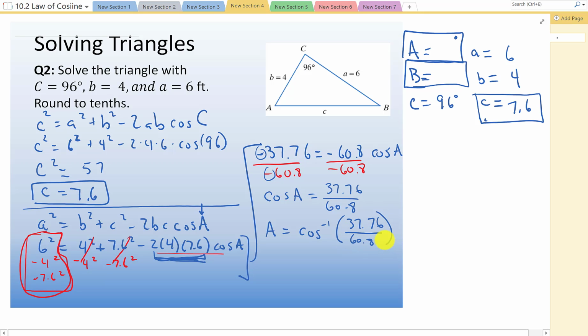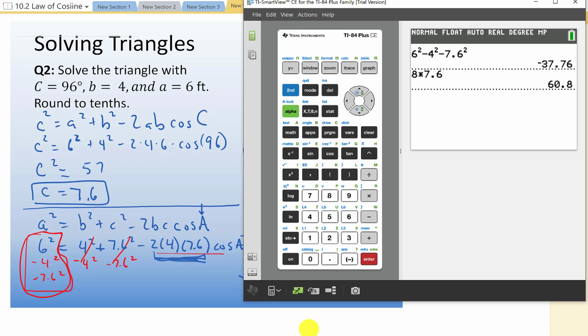And cosine inverse also answers angles in quadrant 1 or 2, between 0 and 180, which is perfect for solving a triangle, because triangles' angles are between 0 and 180. So let's have the calculator find that inverse for us.